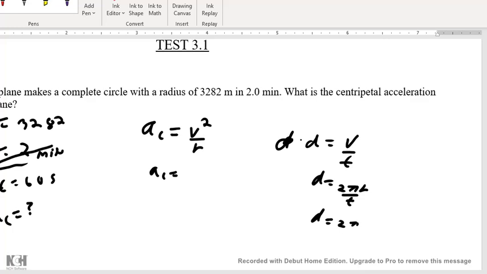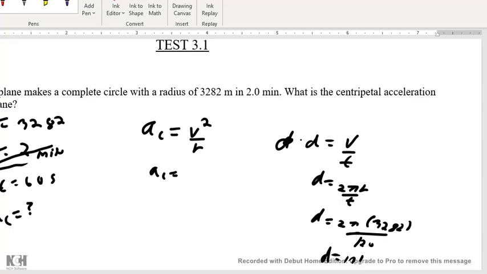You've got to make sure you write down the equation, plug in the numbers, and then get your answer. Radius was 3282. The time was 120. If you put this in the calculator, it should be about 171.